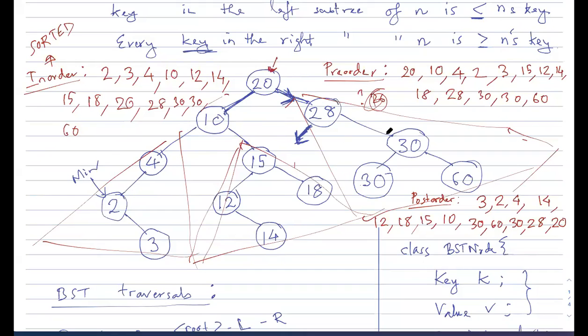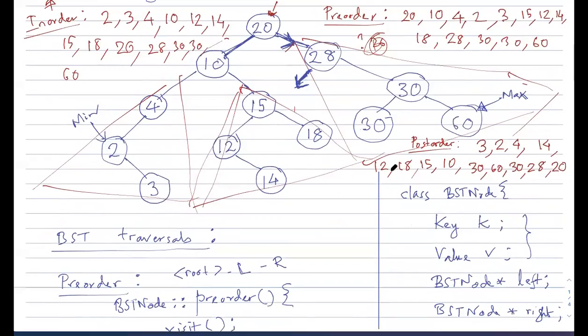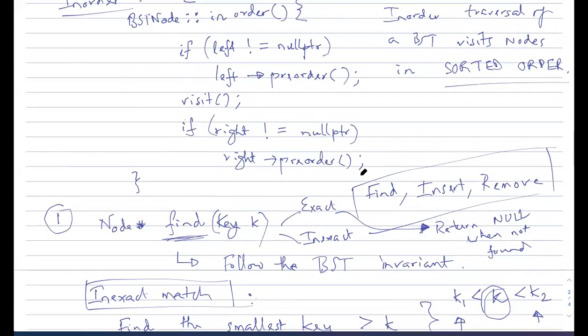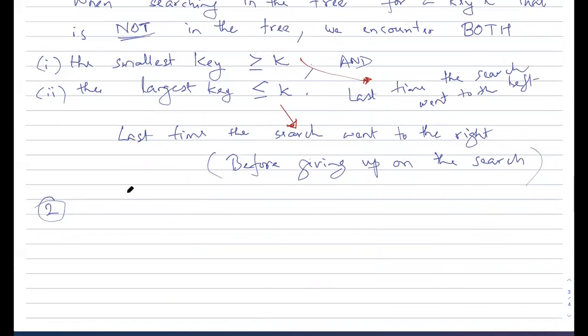And if you keep going right till you hit the null pointer, this is the max. So in the same data structure, in the same arrangement of the data, you are able to find out min and max. It's pretty straightforward.